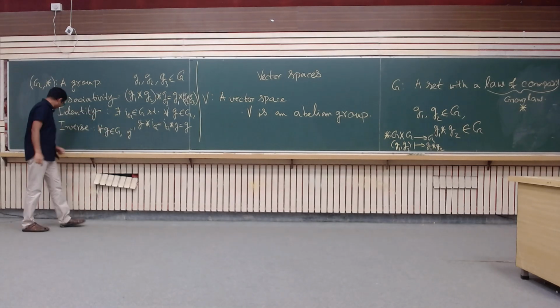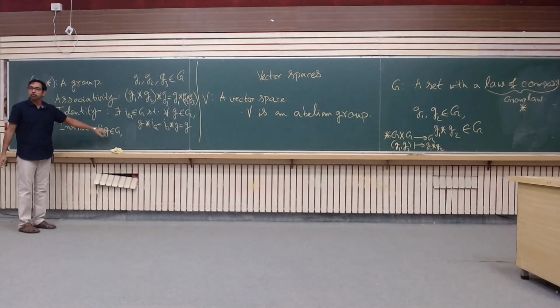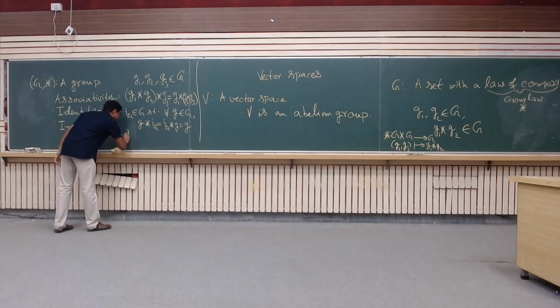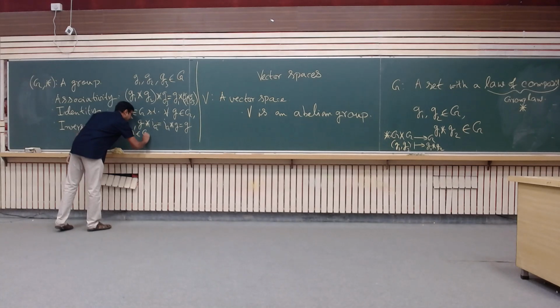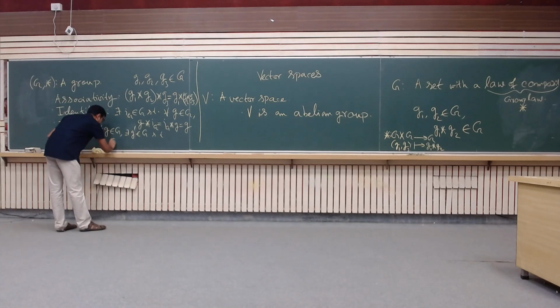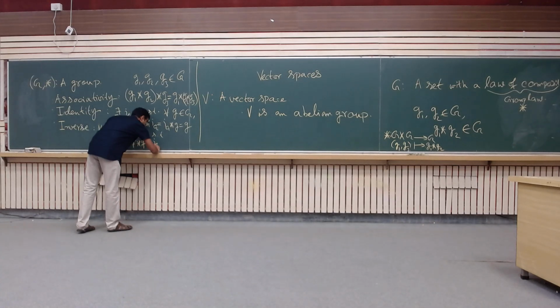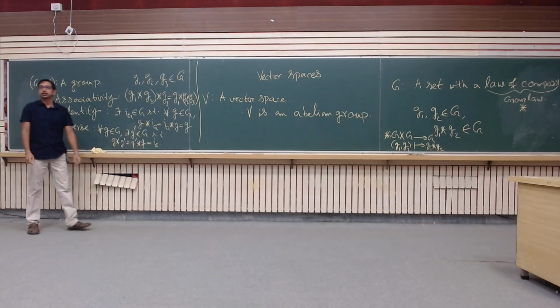So we just say that for all G in G, there exists some G dash in G such that G star G dash is equal to G dash star G is equal to the identity element.